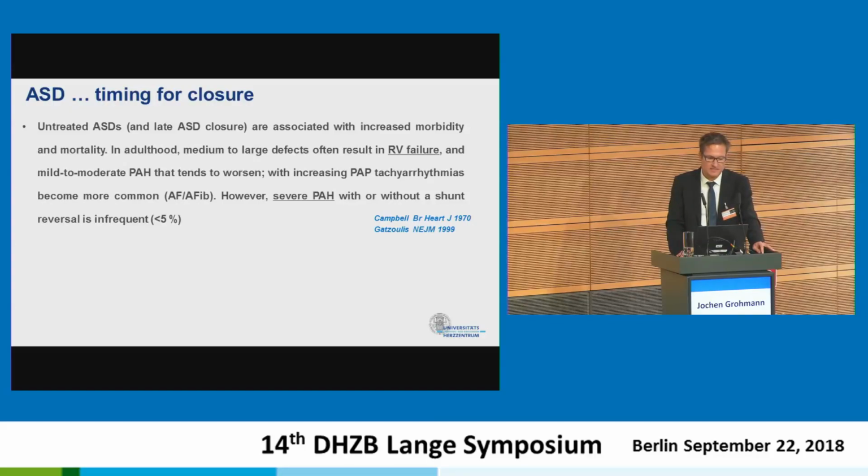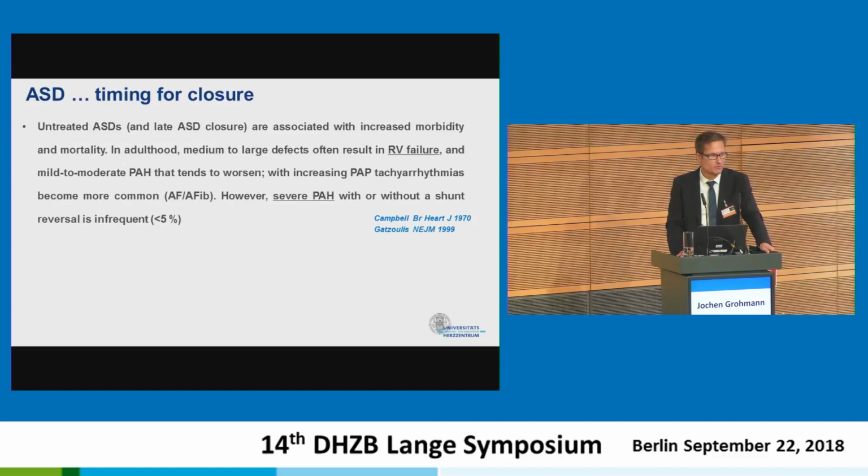Untreated ASDs are associated with increased morbidity and mortality, and they often result in RV failure. And if moderate pulmonary hypertension occurs, this has a tendency to worsen and arrhythmias become more common.